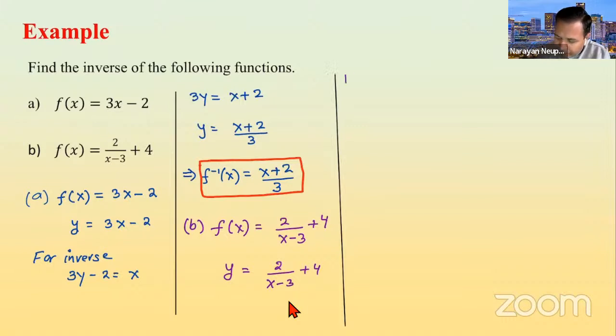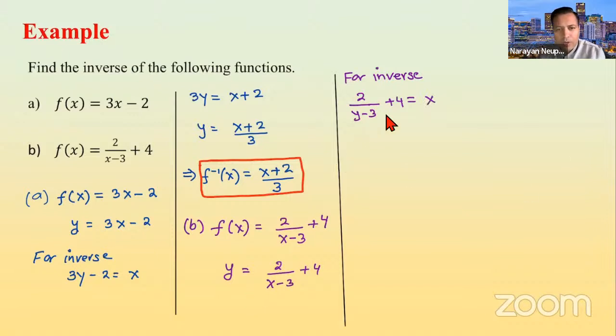So let's write that down. For the inverse, the right-hand side is 2 over x minus 3, plus 4. We can write that as 2 over y minus 3, in place of x minus 3, plus 4 is equal to x, because on the other side where there is a y, we write x.